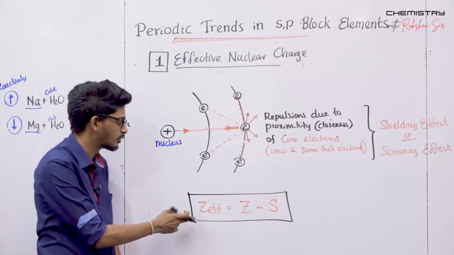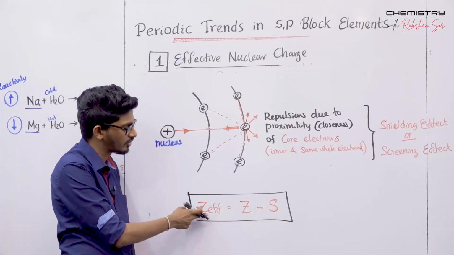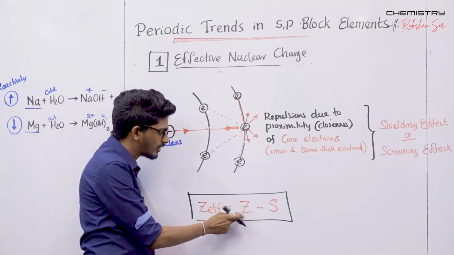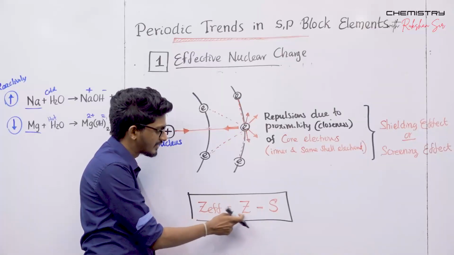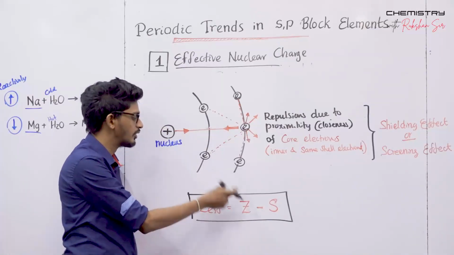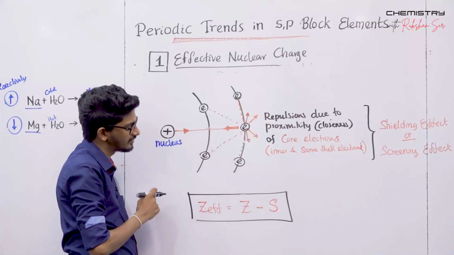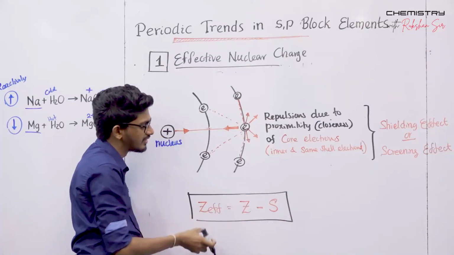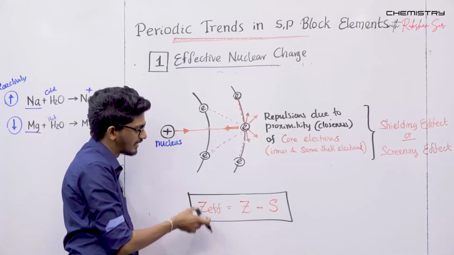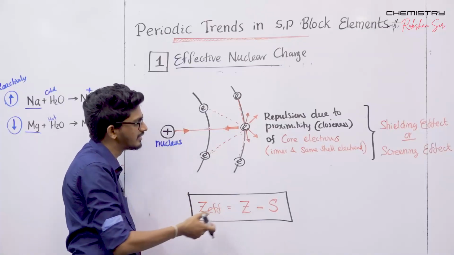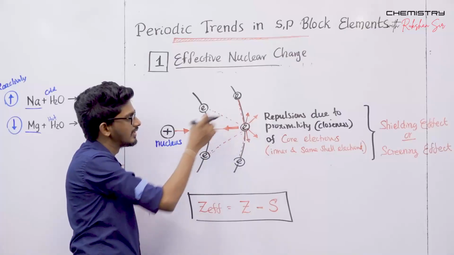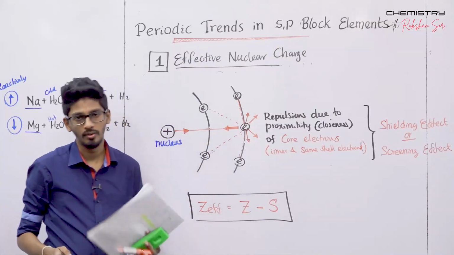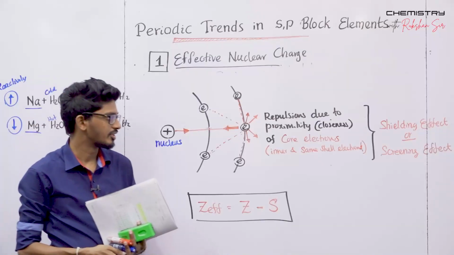The effective charge is the charge felt by the considered electron, which is equal to the nuclear charge, the charge actually at your nucleus, minus the shielding effect. The shielding effect will decrease the actual nuclear charge, so that some decreased charge will be felt by the considered electron. This is the idea in a formula. So this is the concept of effective nuclear charge.